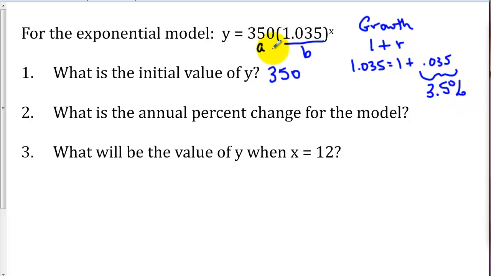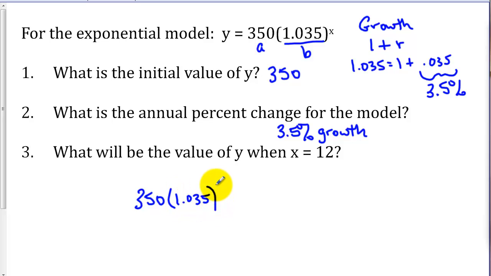So this model is representing 3.5% growth. And lastly, if we wanted to find the value of y when x is 12, we would just plug 12 in for x, and we'll use a calculator. So I'll bring the calculator here over in a minute and show how we would enter that.